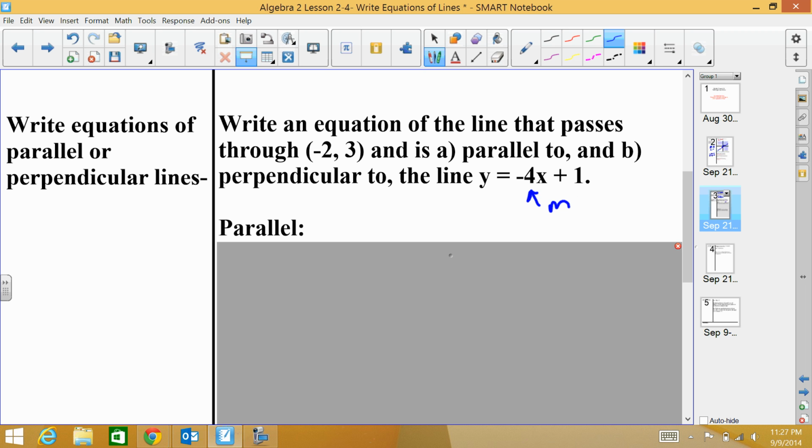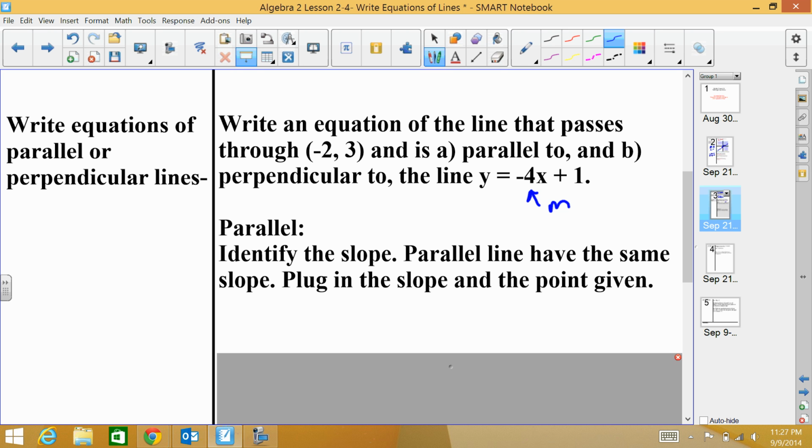So if I want to make a line that's parallel to that, I'm going to use the same slope of -4. So for this, I'm going to put slope and then make a little symbol for parallel. So the parallel slope would be -4 also. Okay?